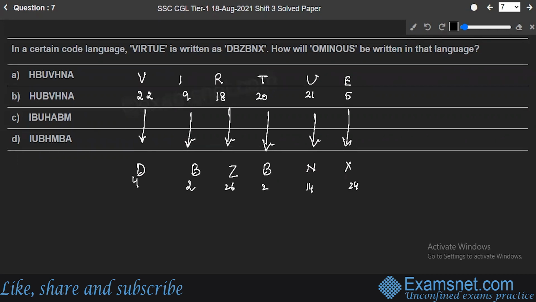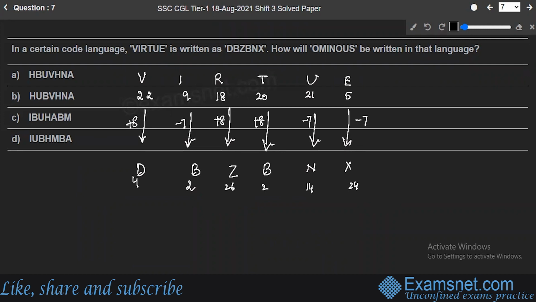So moving from 22 to 4, I have to add 8. From 9 to 2, I have to subtract 7. 18 to 26, I have to add 8. From 20 to 2, I again have to add an 8, right? 21 to 14, subtract 7. 15 to 24, I'll subtract 7 again.